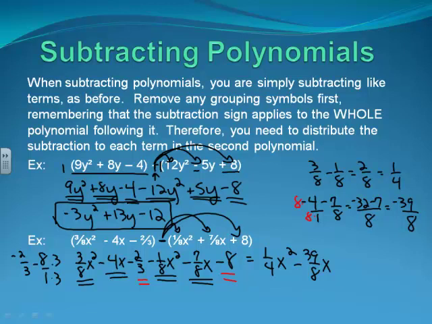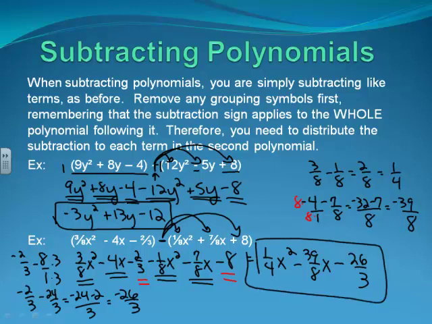That gives us negative 2/3 minus 24/3, and negative 24 and minus 2 over 3. Sorry, I flipped the order there, but it's the same thing. Negative 24 minus 2 is negative 26/3. And that will tack on to the end, minus 26/3, and that will be our final answer for our subtraction problem.